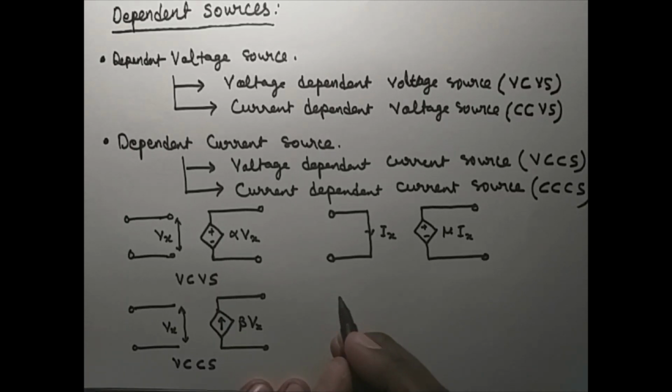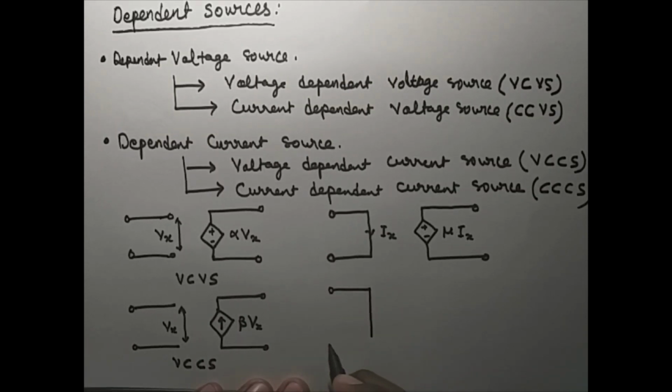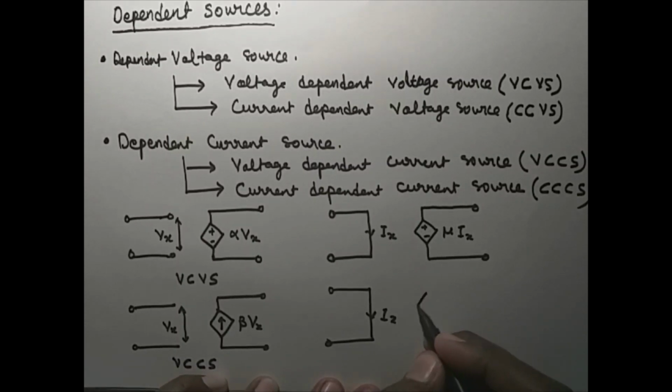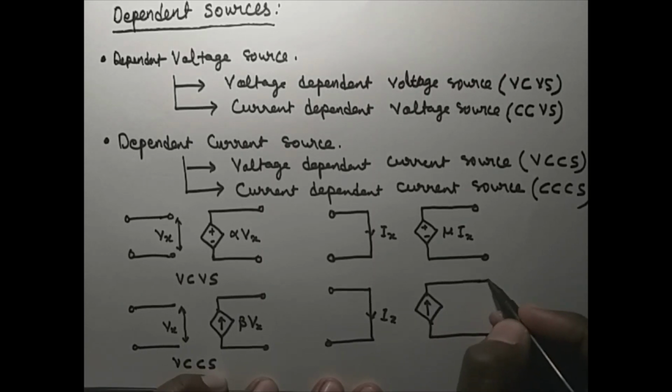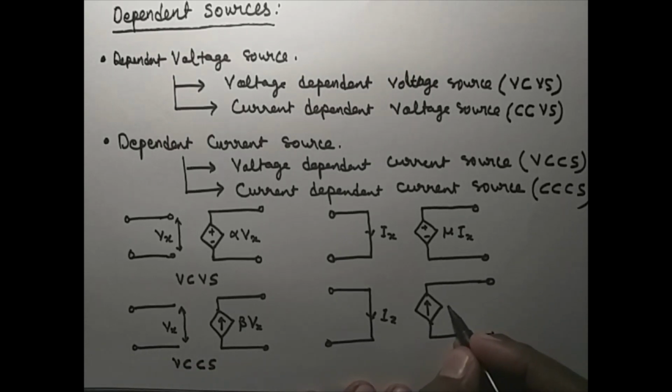And finally we have the current controlled source. This is Ix, the current of some part of the circuit, and this is our dependent current source, and the source current value is gamma into Ix, means the output current is dependent upon the current of some other part of the circuit.